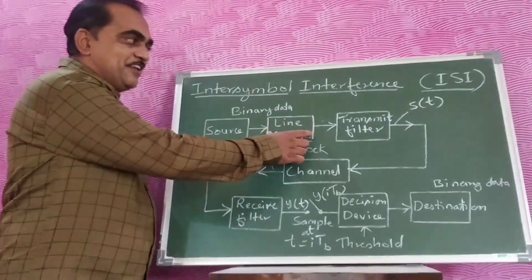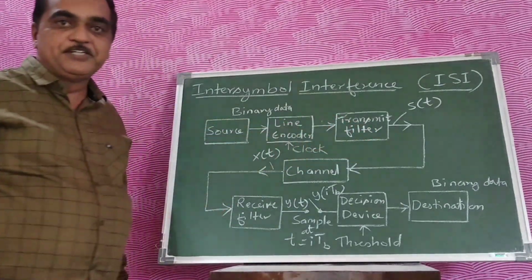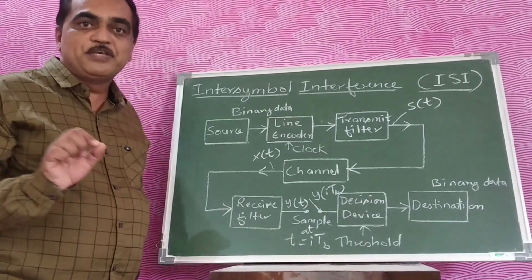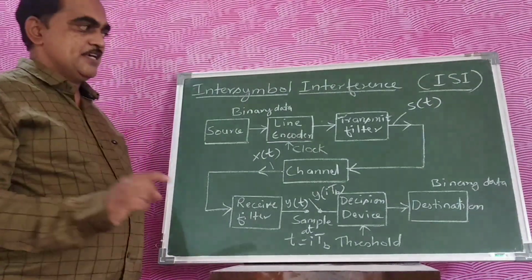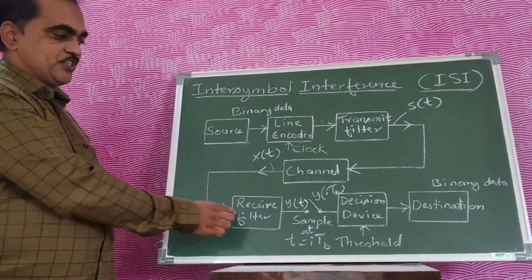So a binary data is converted into electrical waveform. After that, that electrical waveform of binary data is given to a transmit filter, which will generate the PAM waves, a sequence of pulses, which will go through the channel to the receiver.